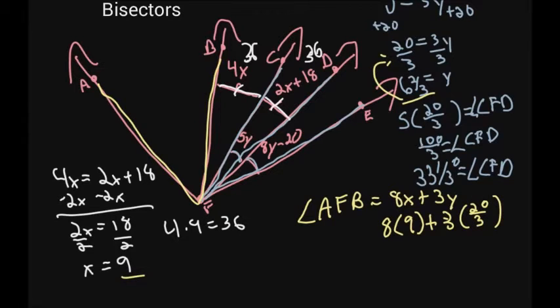So 8 times 9 is 72, plus 3 times 20 is 60, divided by 3. 60 divided by 3 is 20, so that would be 72 plus 20. So AFB would equal 92 degrees there.